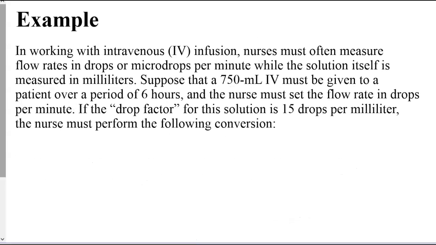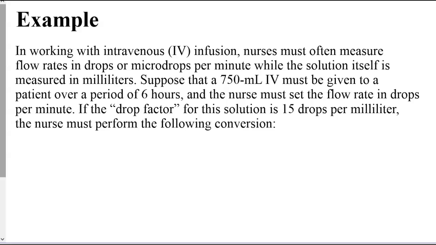All right. So this will be one for our allied health students. So go ahead, and we're going to read the problem. In working with intravenous IV infusion, nurses must often measure flow rates in drops or sometimes micro drops per minute, while the solution itself is measured in milliliters.